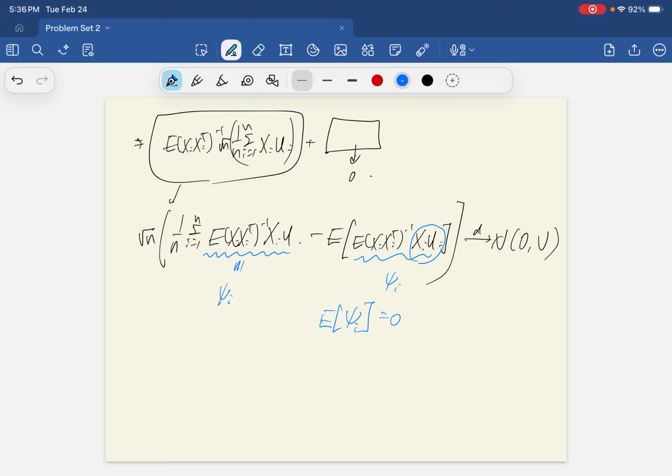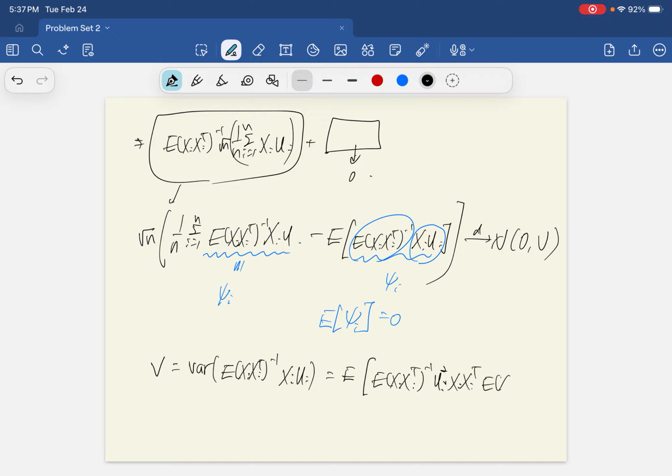This is non-random. Now what we just need to do here is, V is the variance of xi transpose inverse times xi ui. That is the expectation of inverse ui squared xi transpose.